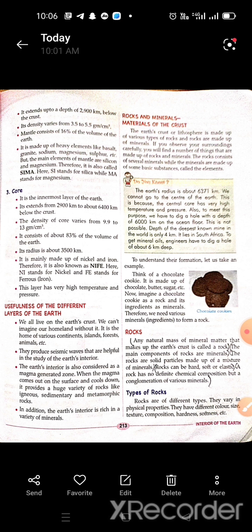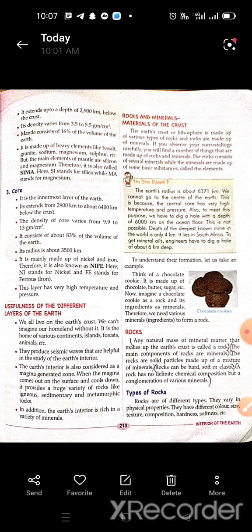Mantle consists of 16% of the volume of the earth. It is made up of heavy elements like basalt, granite, sodium, magnesium, sulfur, etc. But the main elements of mantle are silicon and magnesium. Therefore, it is called SiMa, where Si stands for silica, while Ma stands for magnesium. So these are the main elements you can get in mantle.